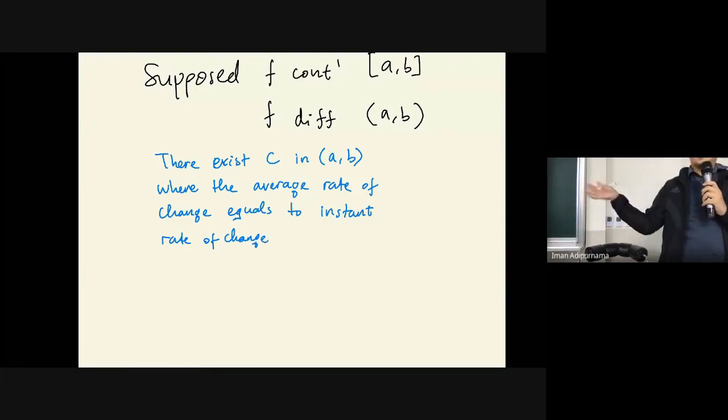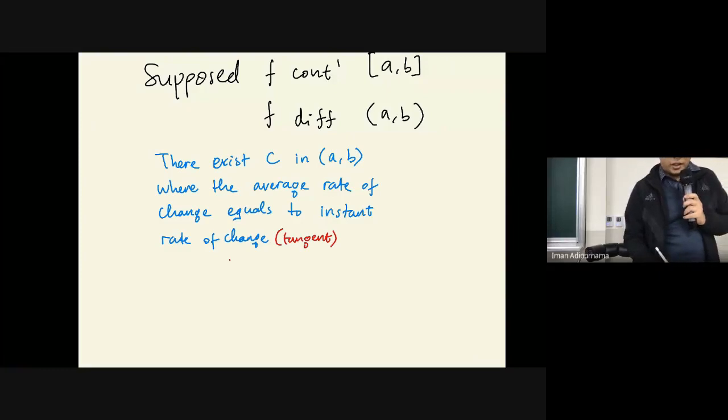Instant rate of change meaning the tangent line. Remember, this is the tangent. And A is less than C is less than B.